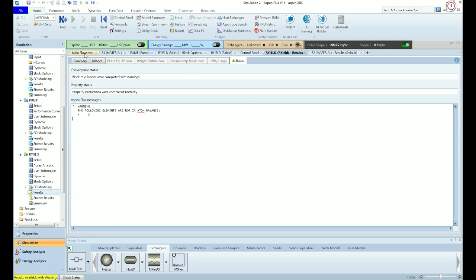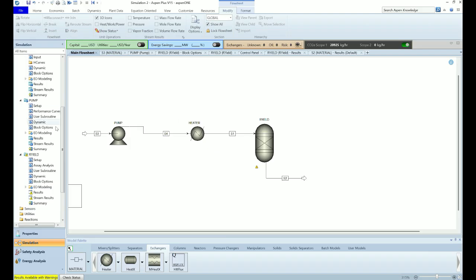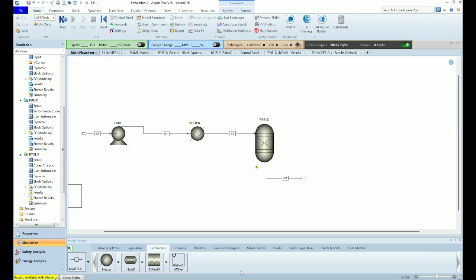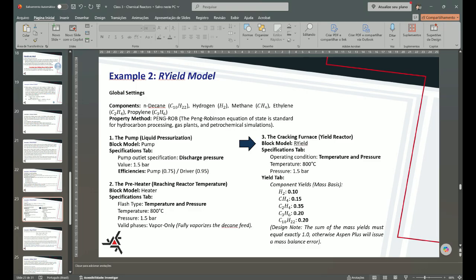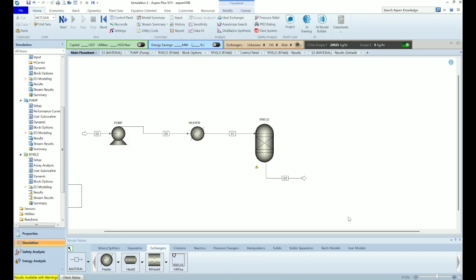Okay, so we have finished our simulation and checked the results. If you have the combined result, you can sum the amounts that you have just checked here. Okay, so this is it for this model. Let's go to our next case study.